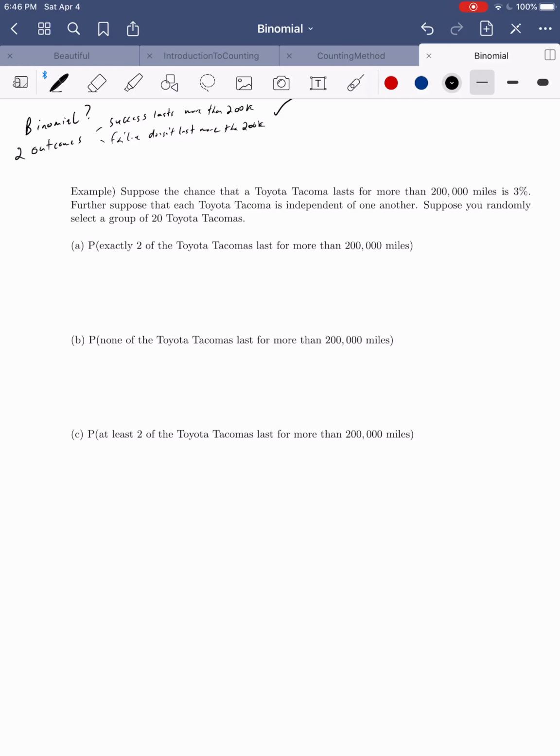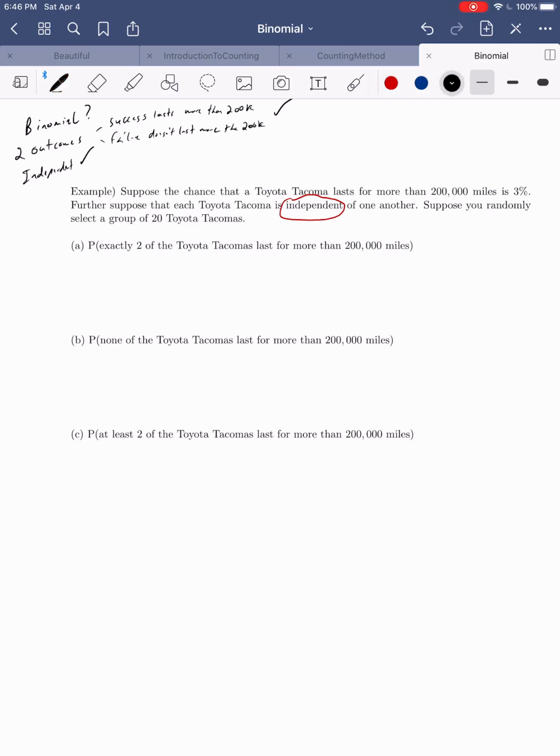So there we go. So it has only 2 outcomes. The truck either goes past 200,000 miles or it doesn't. Are the things independent of each other? Well, it's stated right in there, independent. Actually, again, if you were doing this on like a test or something, right, you'd want to see that word independent there, and that's your sort of tip-off that you should even think about this binomial here.